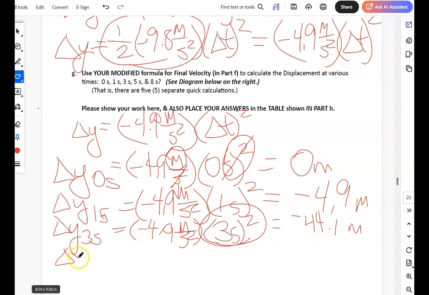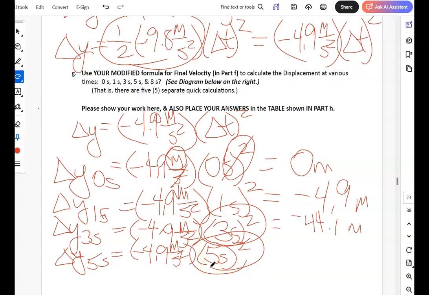At 5 seconds, we find the displacement is again minus 4.9 meters per second squared. Now it's multiplied by 5 seconds quantity squared. So this number will be 25 seconds squared.